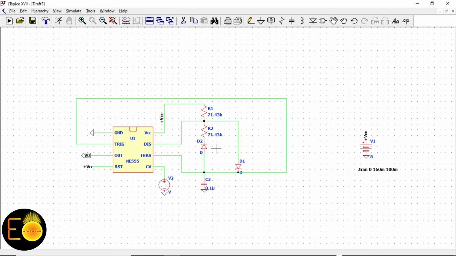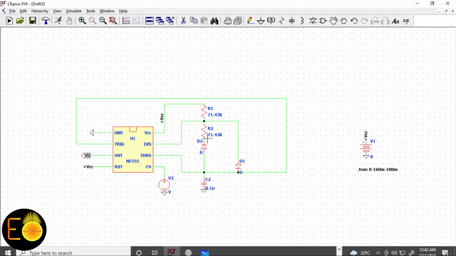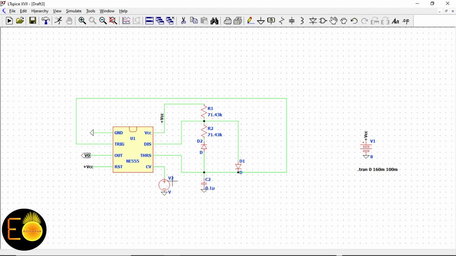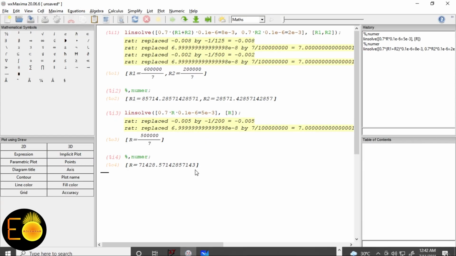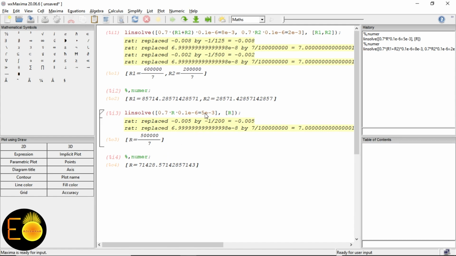So that's the problem. Right now I need to change it, because as I told, this frequency will be much lower than the frequency with which the output is oscillating. But in this case, the output I have designed is 100 hertz. So I think that is not going to work, or it should work, but it will not be visible in a clear way like I have shown you in the animation. So that's why I need to change these values.